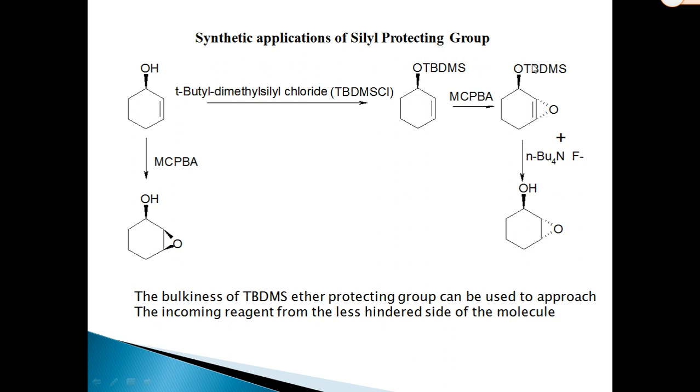Now finally deprotect this hydroxy group by using tetra-n-butylammonium fluoride. Fluoride goes here, and on addition of H positive, we recover this hydroxy group to get our desired product. In this way, this is one of the applications of silyl protecting group.